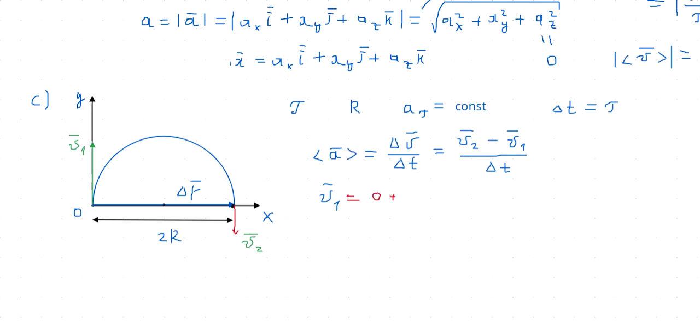No, it is not R. It will be the modulus of v1, because the direction of v1 is the same as y, and it can be written in a simple way like this, without an arrow above a vector.